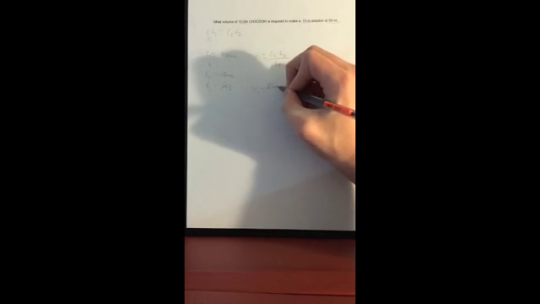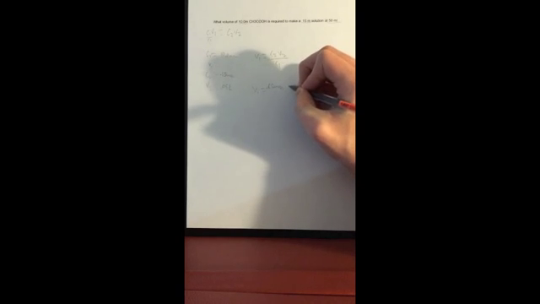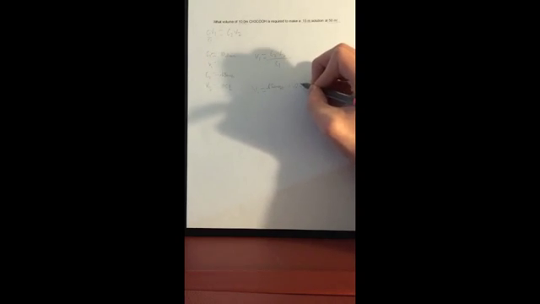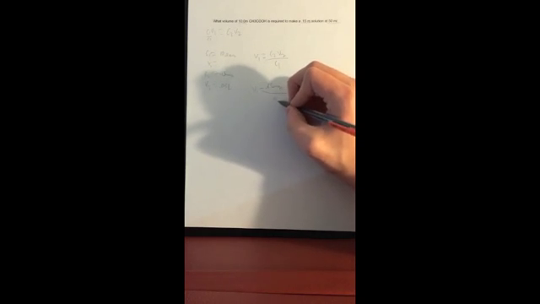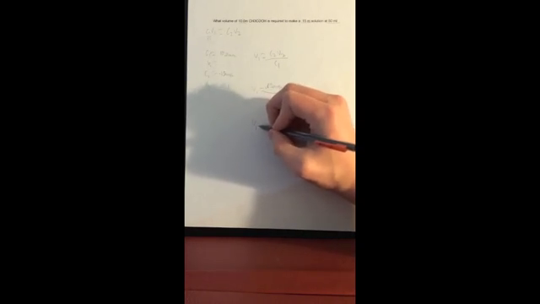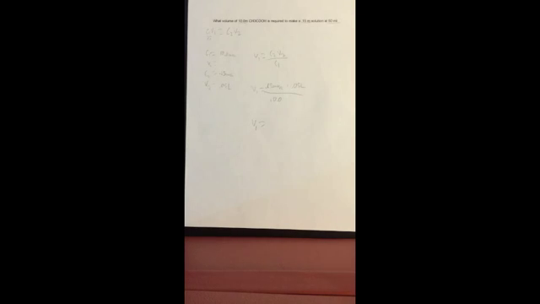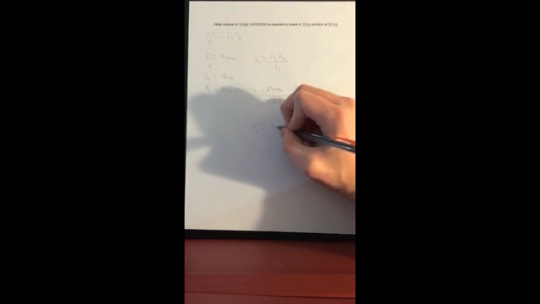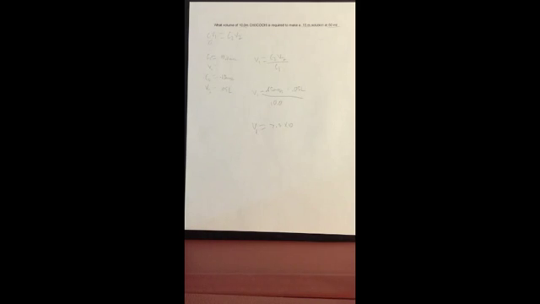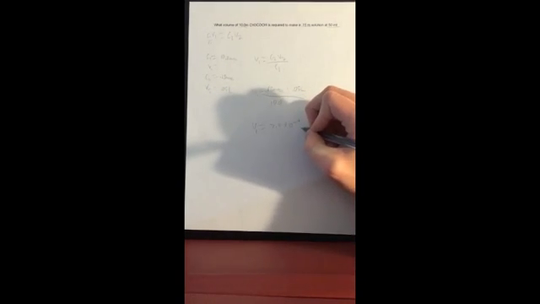And 5 moles divided by 0. And then it comes out to 7.5 times 10 to the negative 4 liters. And then we're done.